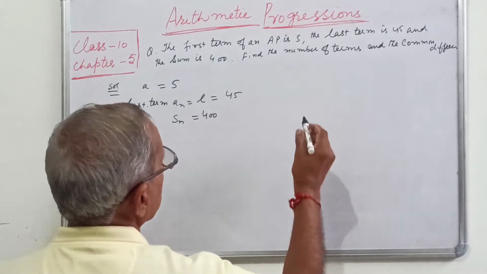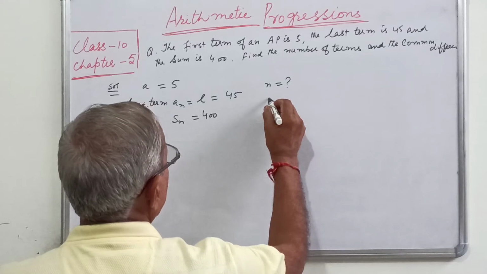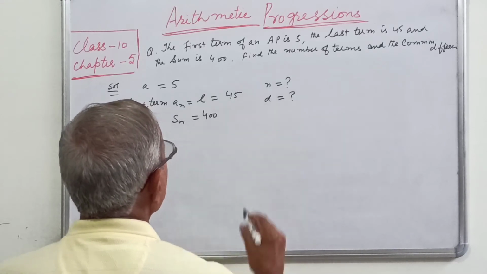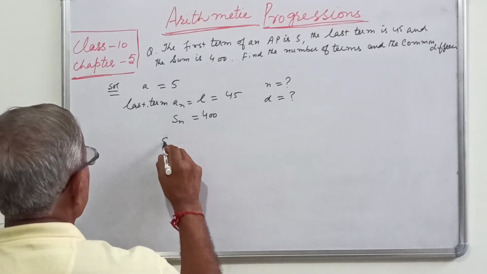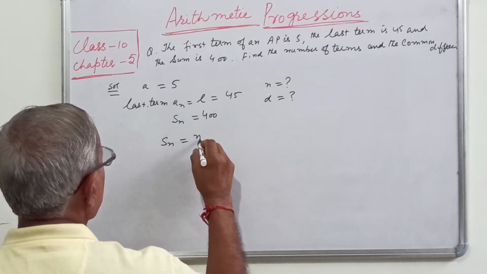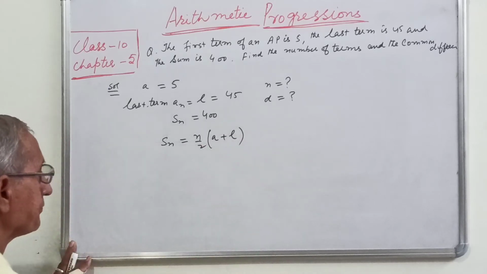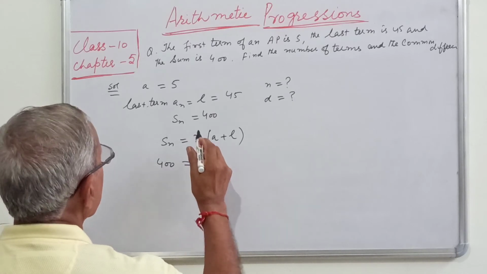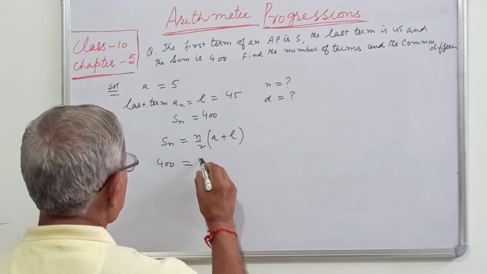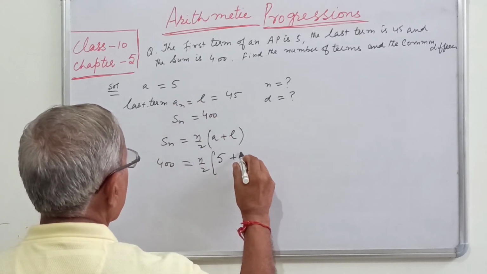We have to find value of n, ये निकालनी है, and common difference, ये दो चीज़ें हमें निकालनी है. So using formula of Sn, so Sn is equal to n/2 into a plus l. So Sn is 400. So n/2, a is 5 and l is 45.